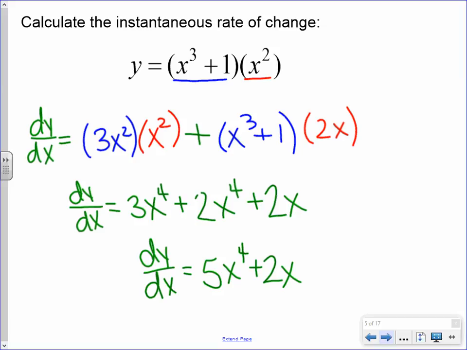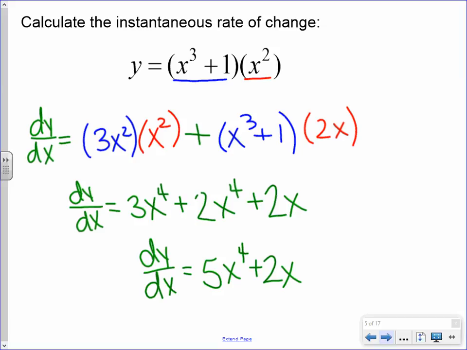Thank you, Cole. Okay? Now, if this was on a question on yesterday's quiz, what would you have done? Power rule multiplication. You would have said y is x to the fifth plus x squared, and then you would have taken the derivative to be 5x to the fourth plus 2x.